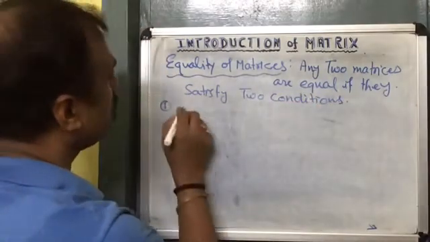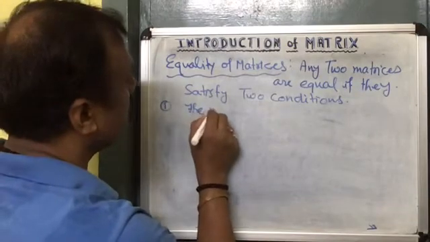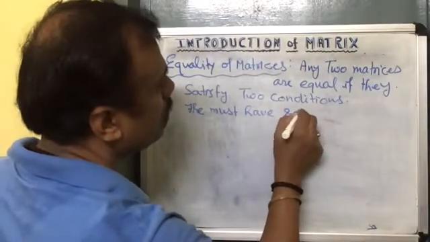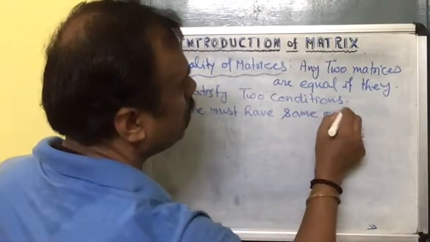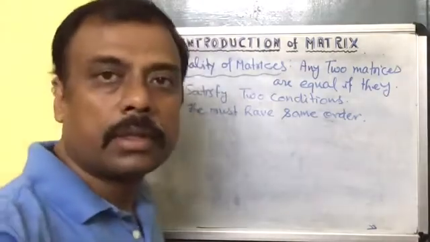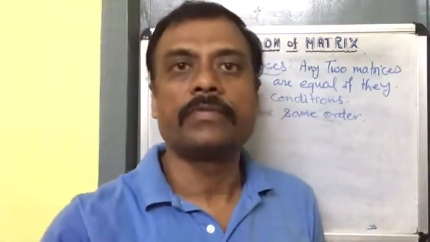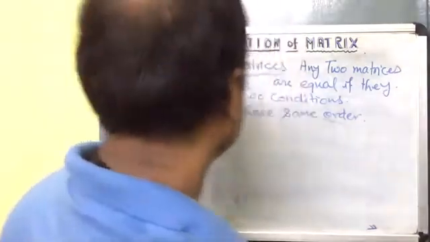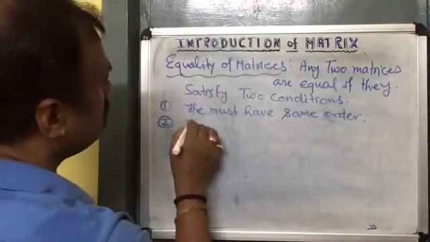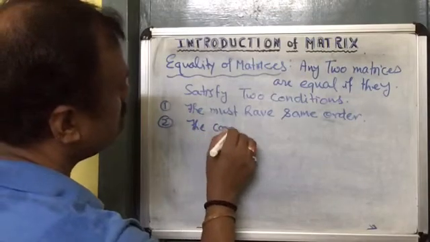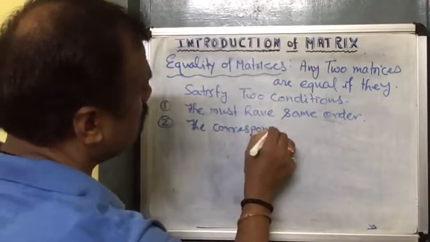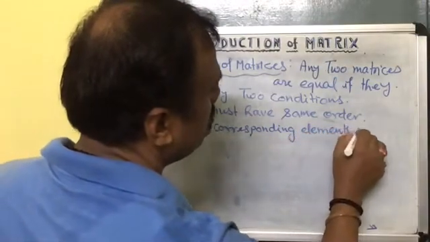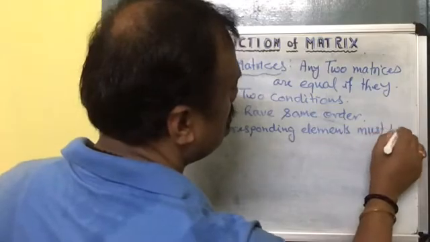First, they must have the same order. That means they must have the same number of rows and the same number of columns. Second, the corresponding elements must be the same.